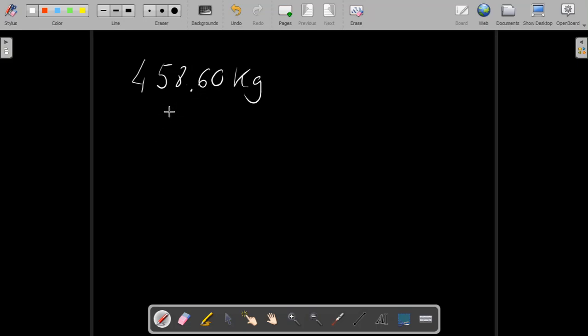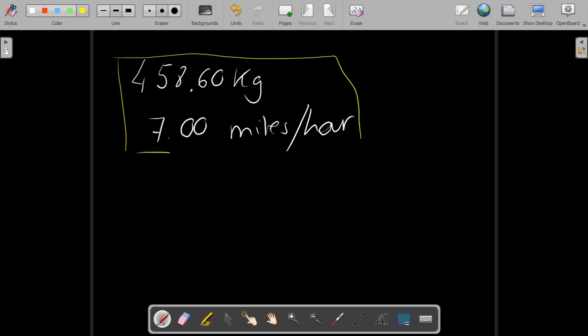And for the second one, you should get 7.00 miles per hour. Remember that you need to report units. We're not talking about monkeys or bananas. We're talking about kilograms and miles per hour. So why this amount of significant figures? If you didn't get these results, let me box them so you know these are the answers that you should get.